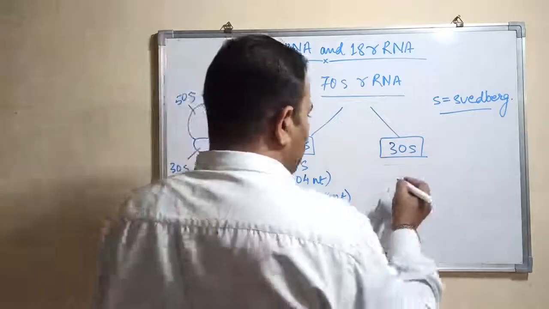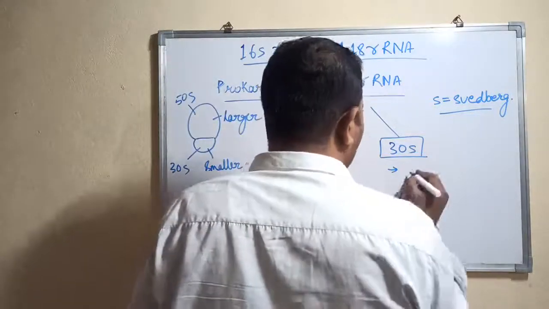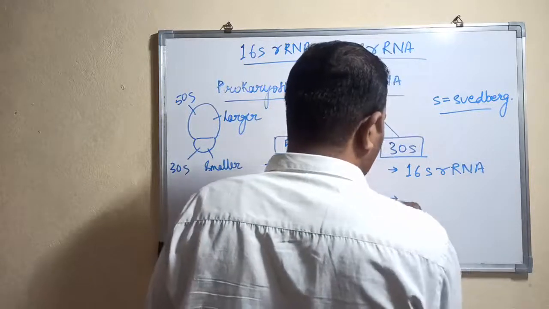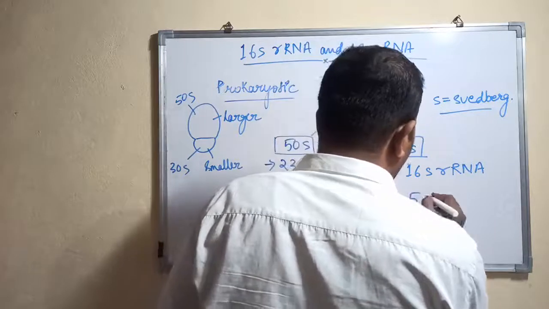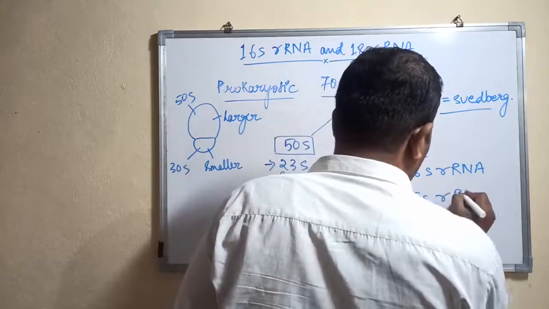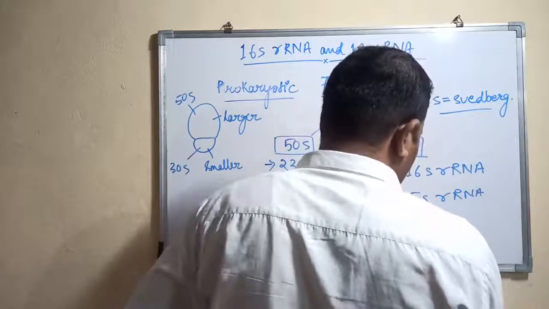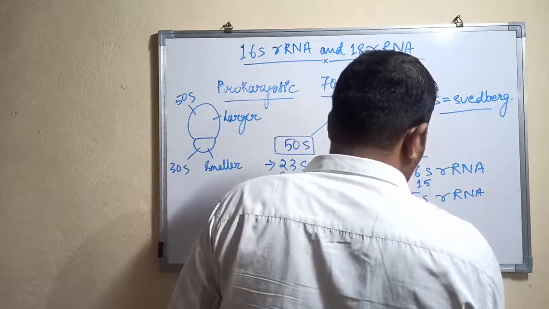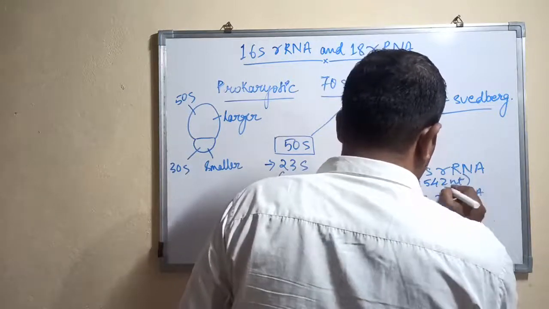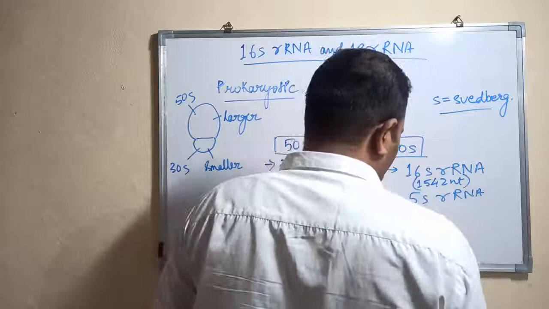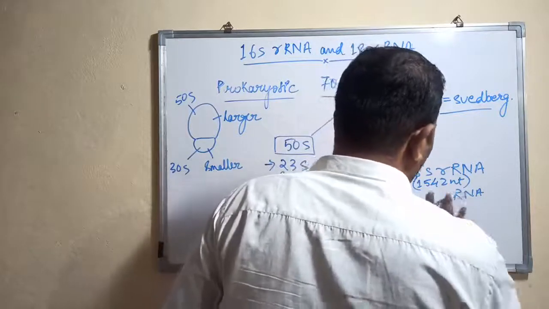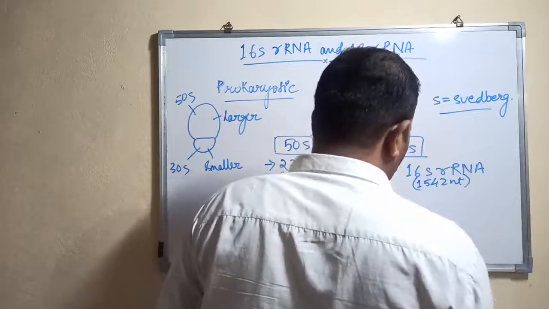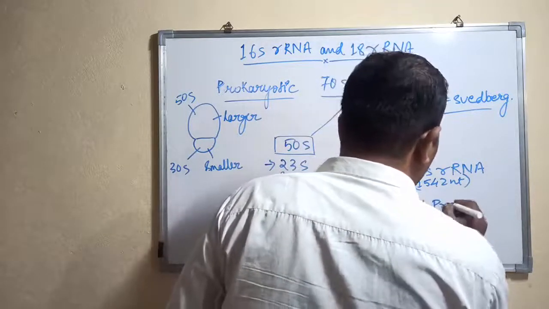The 30S subunit is made up of 16S rRNA, which is made up of 1542 nucleotides of RNA, and then there is the presence of 21 proteins.